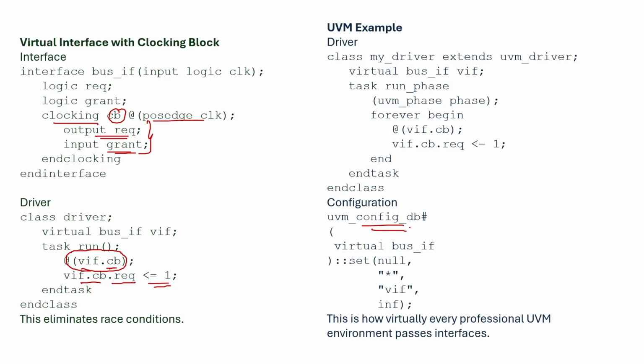So in UVM we will get this virtual config DB and resource database. Configuration database follows that hierarchy, and resource database is a global representation. Wherever you want to set that global representation, this resource DB will be setting there and getting in different components.